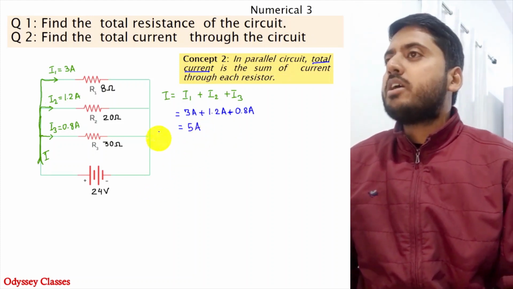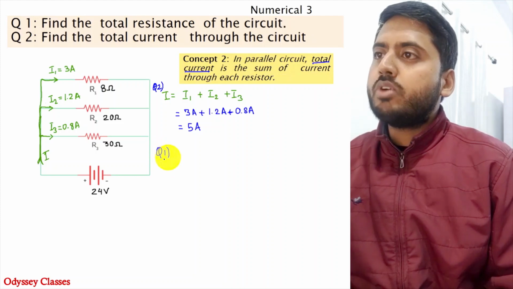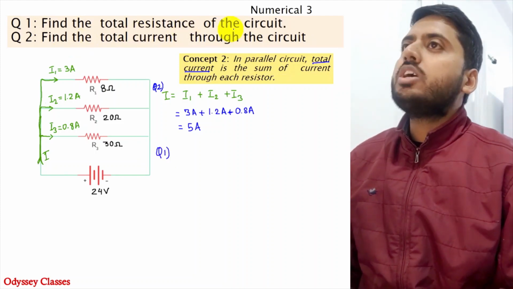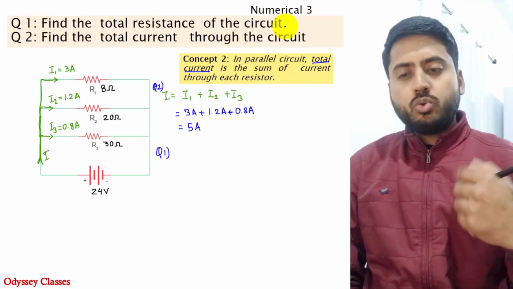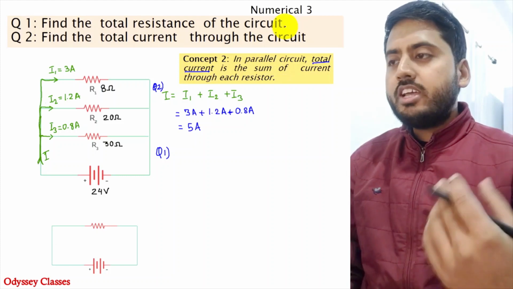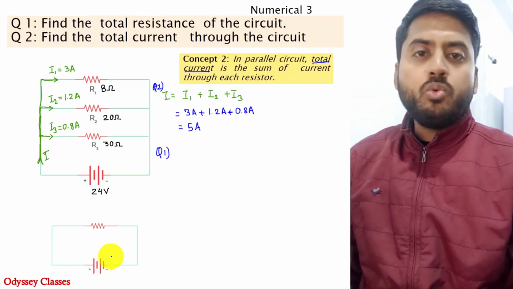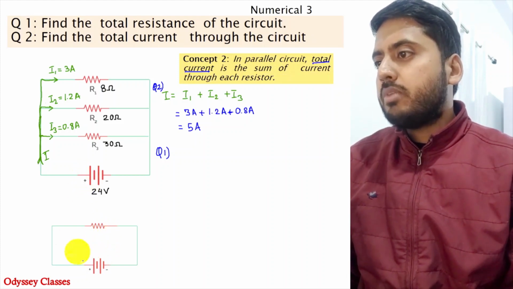Now the last part, this is your question number 2, and now we can solve question number 1. We need to find the total resistance of the circuit. Whenever we are finding the total resistance of the circuit, I'll always ask you to imagine a circuit like this, where we have only one resistor and the supply source.